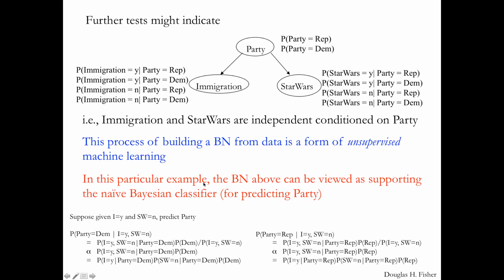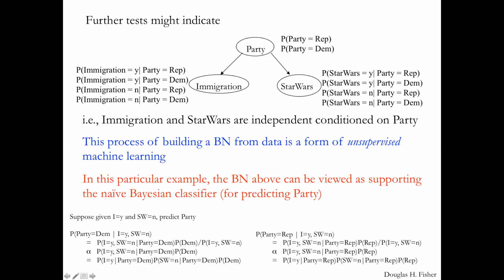Now, in this particular example, we've only gotten so far in it. You can view this as supporting a naive Bayesian classifier. But when we did naive Bayesian classification, we made the assumption up front that the variables were conditionally independent of the classifying attribute.